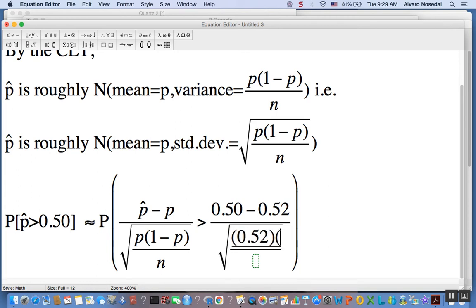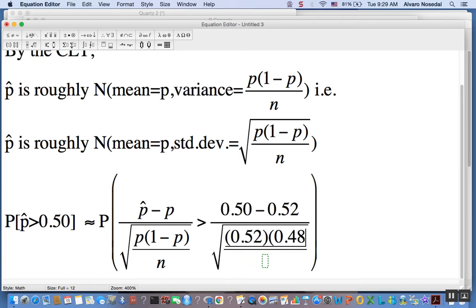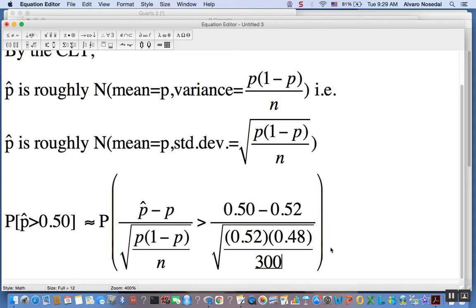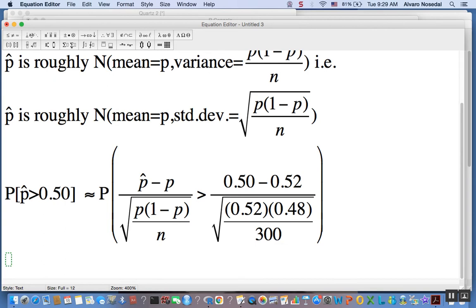Okay, let me just write it down. So now what we have on the left hand side turns into a normal 0, 1 greater than, and then we have to do a little bit of algebra, right? Let's do it.